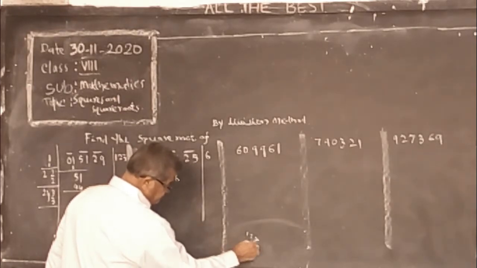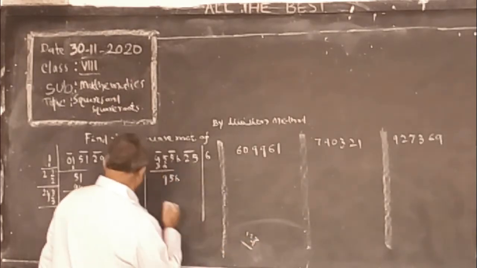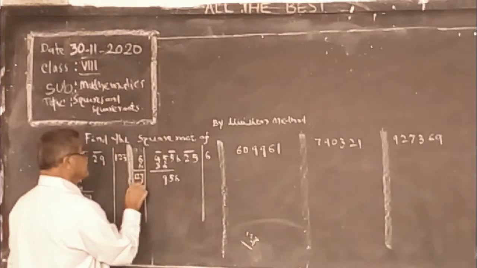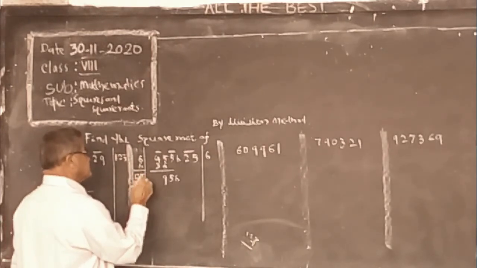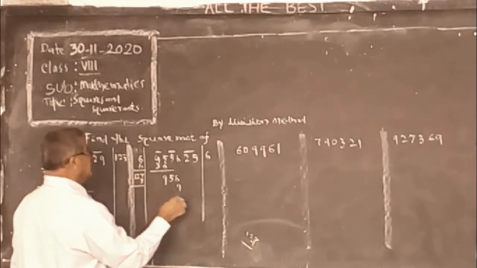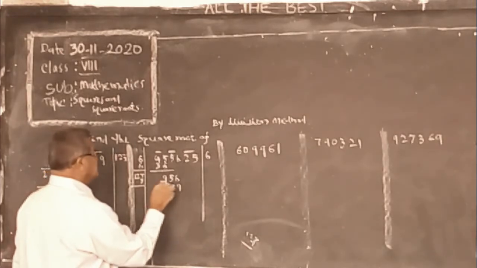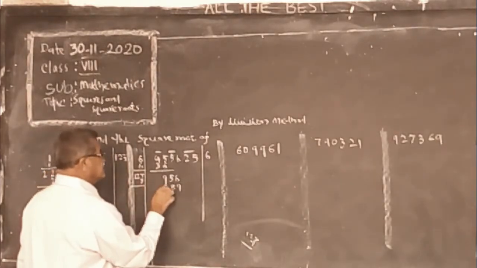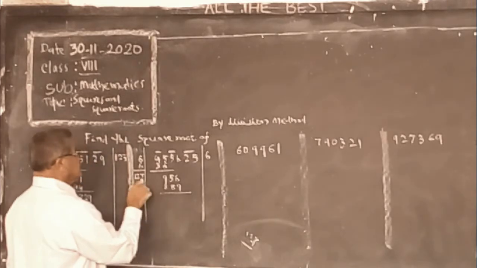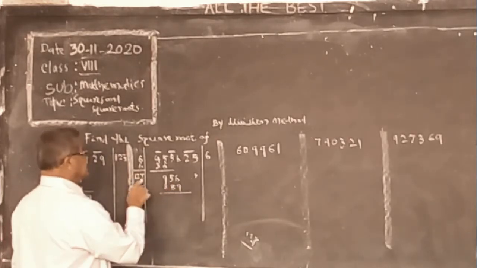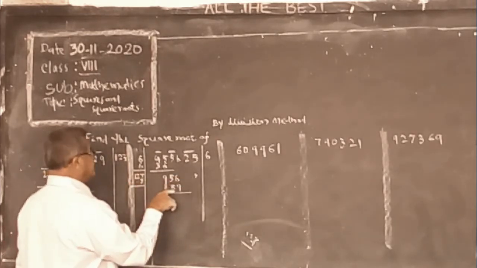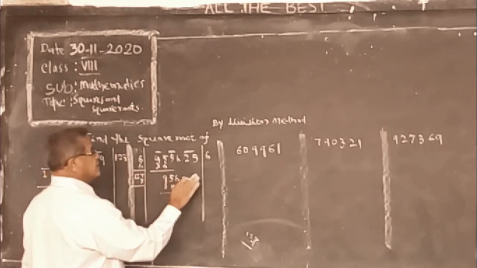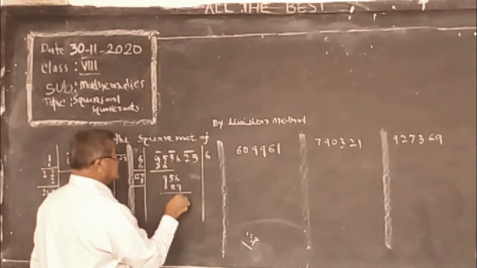Take 7 only. 7 7s are 49. Repeat the same number. 7 2s are 14, 4, 18. 7 1s are 7, 1 8. Okay, so this is 7.